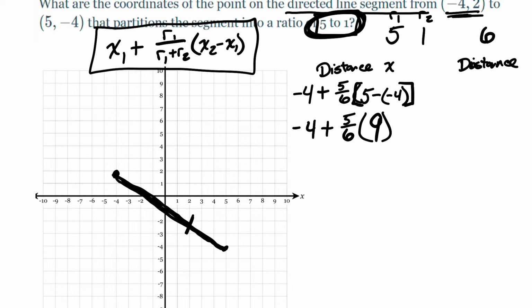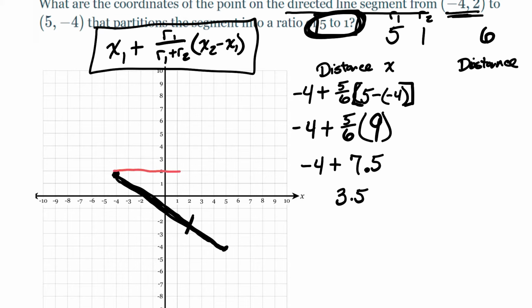So if we go 5/6 of 9, this is a decimal answer, we will be at 7.5. So that's the distance we're going to need to travel along the x-axis. And since we started at -4, we will add these two numbers together, and when we travel that 5-to-1 ratio, we will have moved from -4, which is over this way, because remember, this is a distance of 9. It's a distance of 9 to travel this far along the x values. I'll do that in a different color, actually.